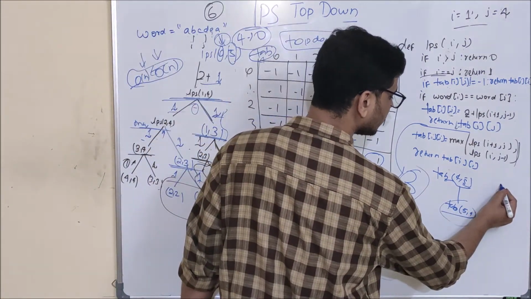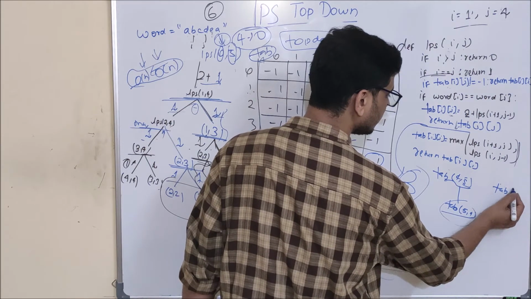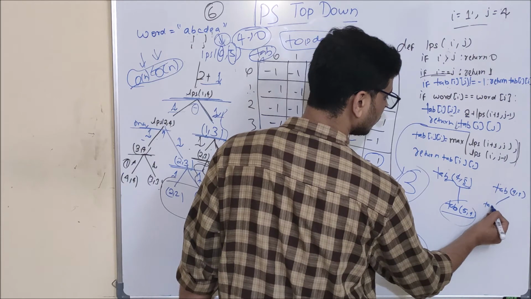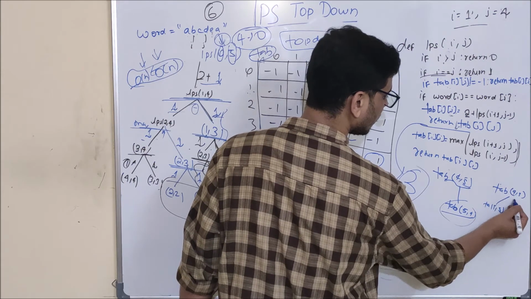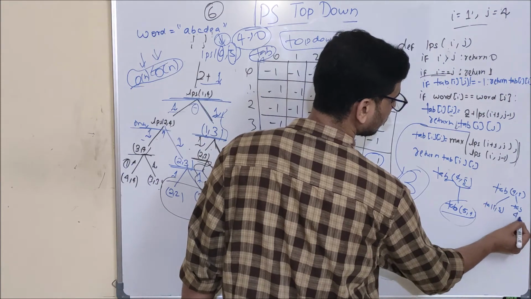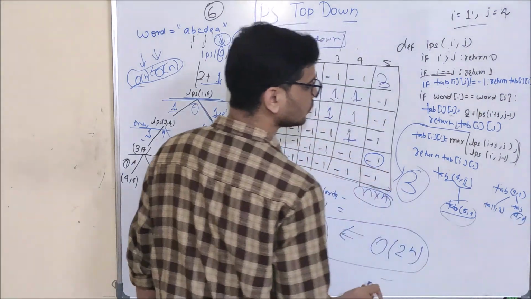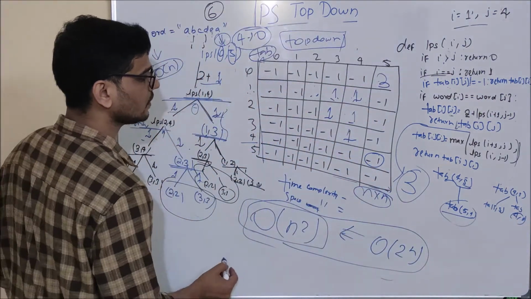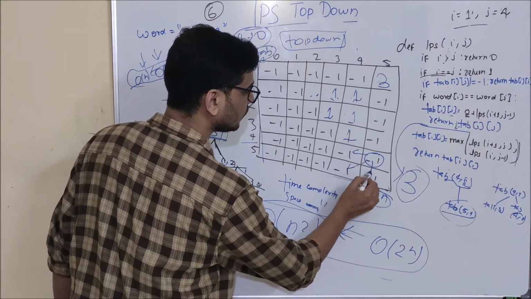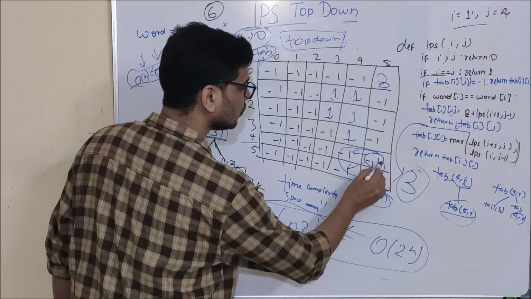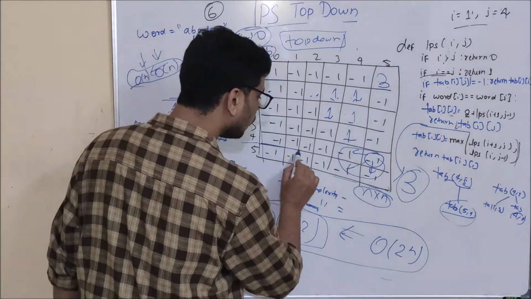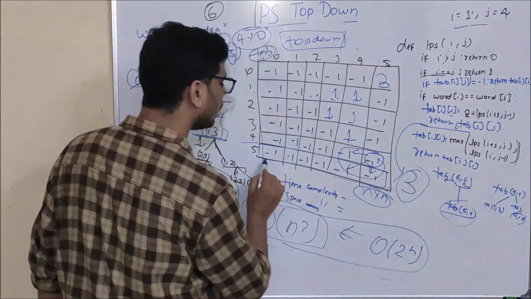And if the characters are not equal, then I will call tab of 5, 5 and tab of 4, 4. So as you can see, either I am taking value from here or here or here. So basically, what I need is only one row.